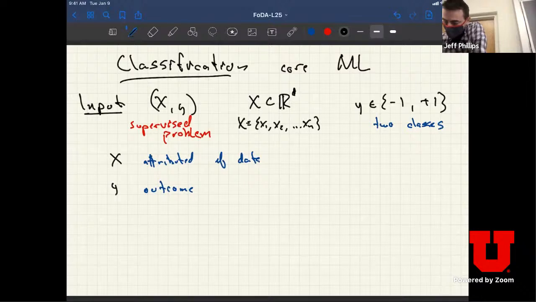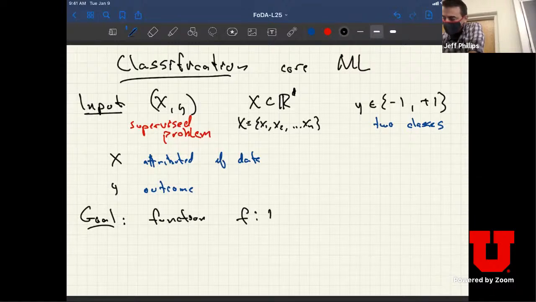So the goal is a function f from R^d to {-1, +1}, and there are two ways of thinking about it.